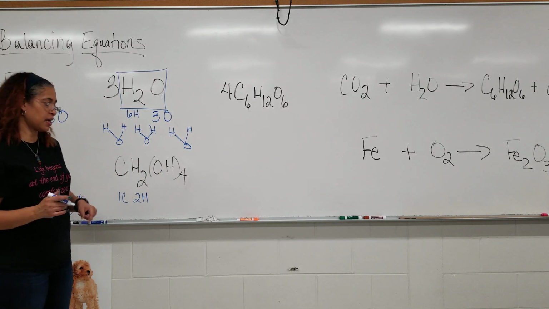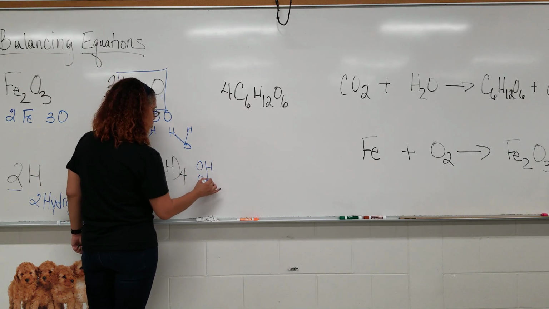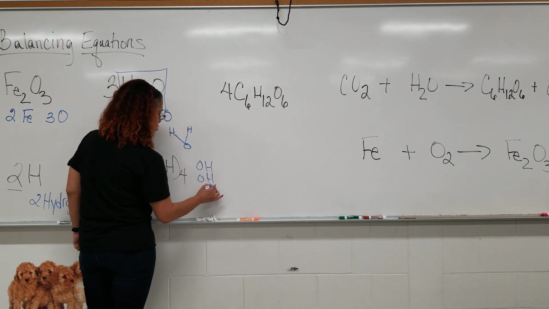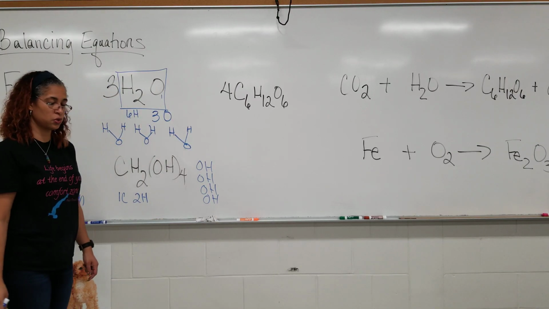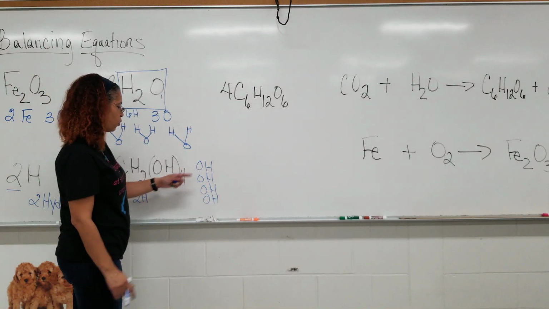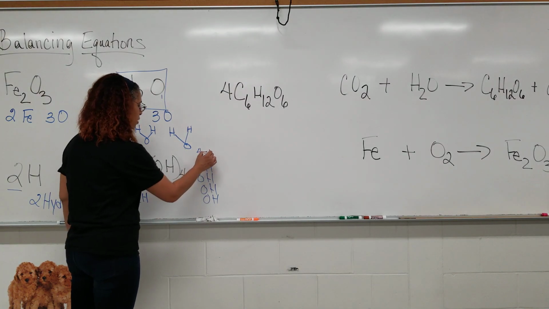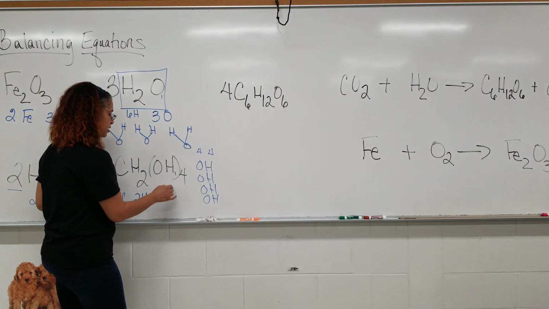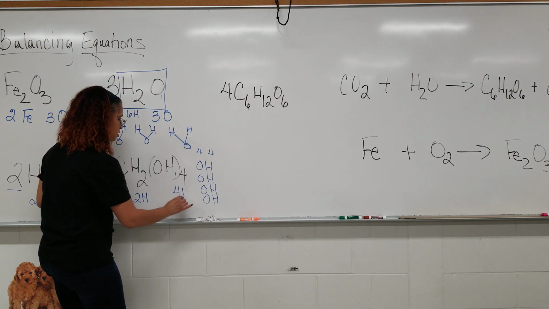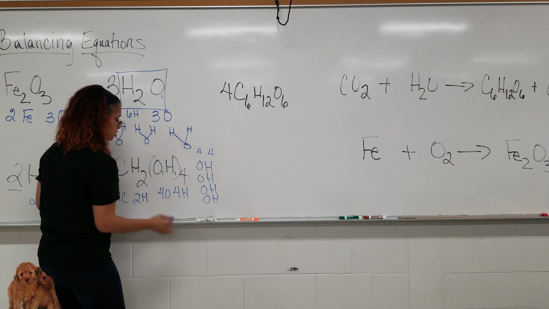So how do we make that? Well, you have OH, OH, OH, and OH. So how many oxygens do we have? 1, 2, 3, 4. How many hydrogens do we have? 1, 2, 3, 4. If you were to do the math, 4 times 1 is 4 hydrogens. 4 times 1 is 4 oxygens.